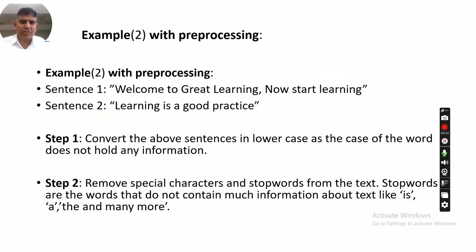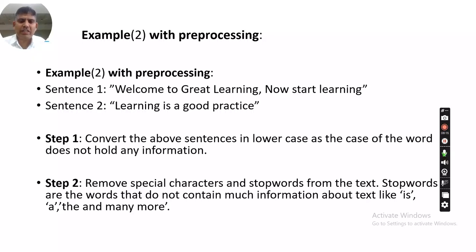Now with pre-processing. The first step of pre-processing is we convert all the words into lowercase letters, so that the words with capital letter and small letter are counted as only one. The second step in pre-processing is we remove the stop words and some punctuation marks, because these do not carry any meaning.